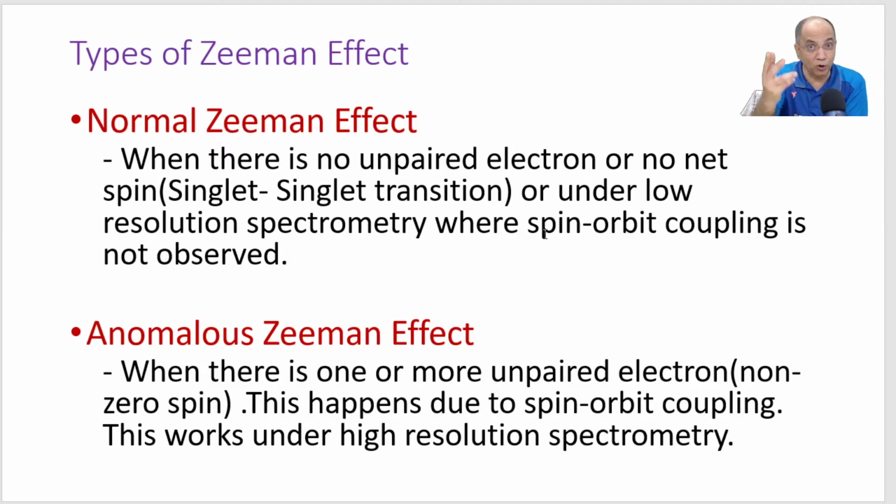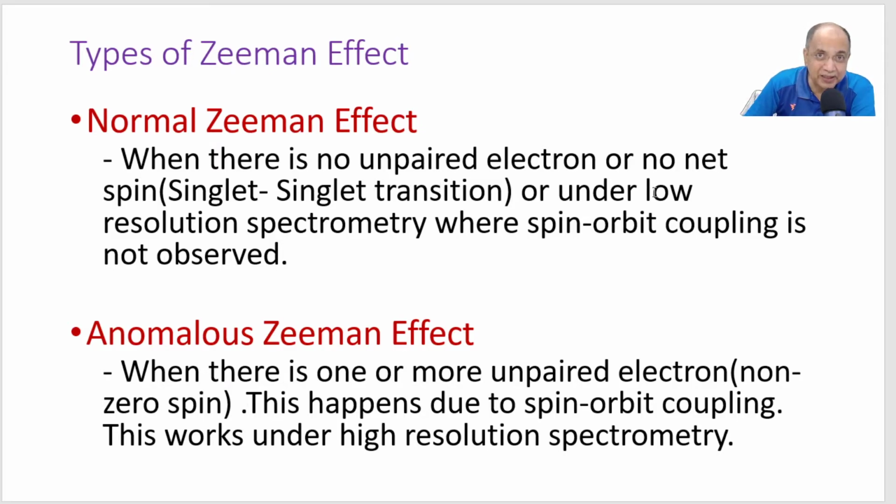Now I have already told you, so I can save time, that Zeeman effect is of 2 types. One is normal, means what? Can you tell me? Normal Zeeman effect is shown when the resolving power is low resolution, when there is no spin, no unpaired electron.